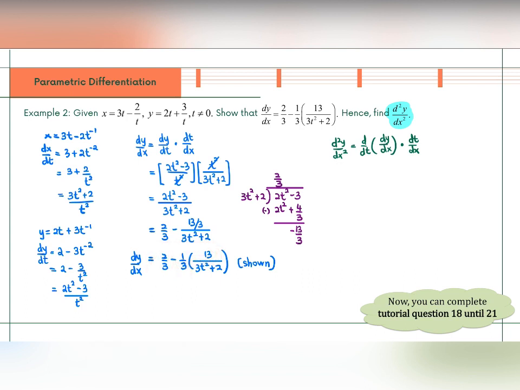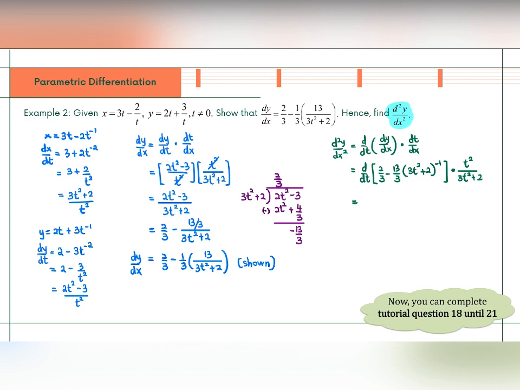So, saya akan buat macam ni. So, now I am going to differentiate 2 over 3 minus 13 over 3 of 3t squared plus 2 to the power of negative 1. Okay, darabkan dengan dt over dx. dt over dx kita yang mana? Yang sini. Nampak tak? dt over dx kita adalah t squared over 3t squared plus 2.